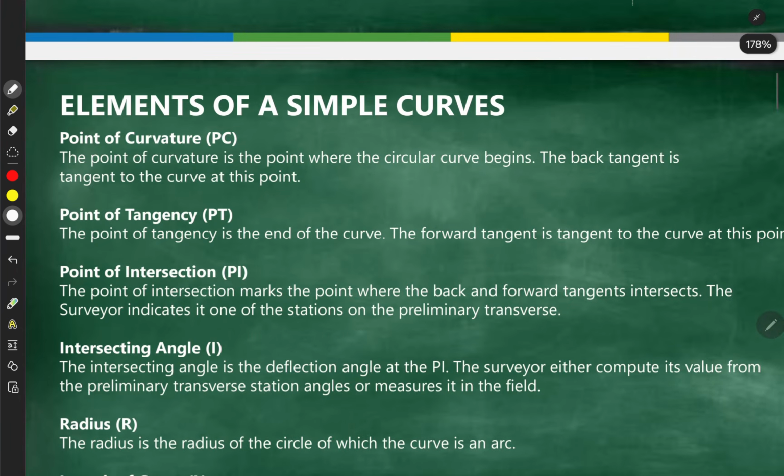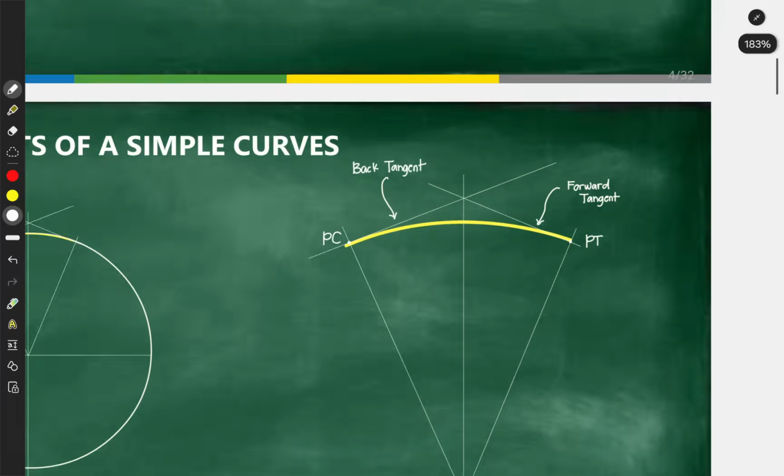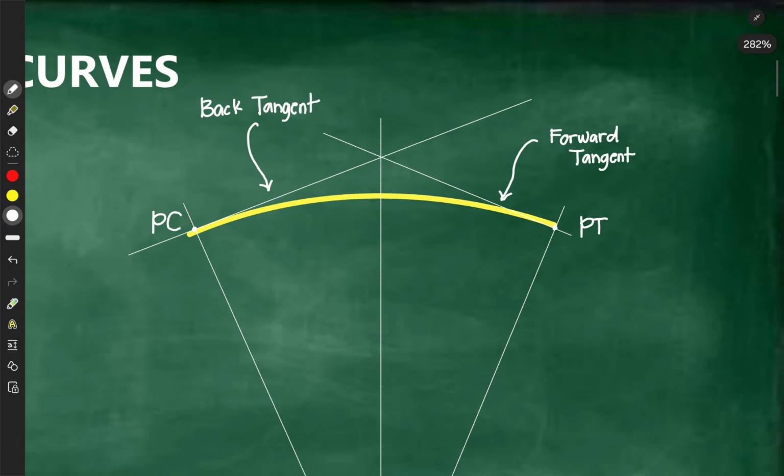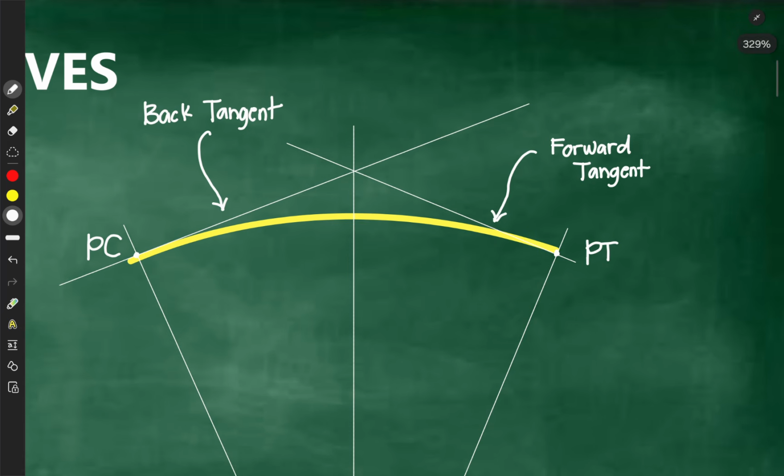Next, we also have point of intersection or PI. The point of intersection marks the point where the back and forward tangents intersect. The surveyor indicates it, one of the stations on the preliminary traverse. So, again, the point of intersection is where the tangents from the PC and PT intersect.